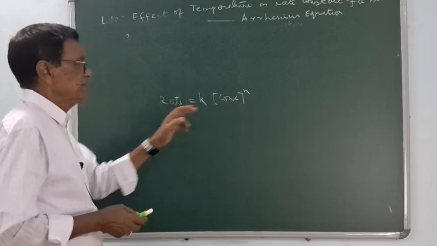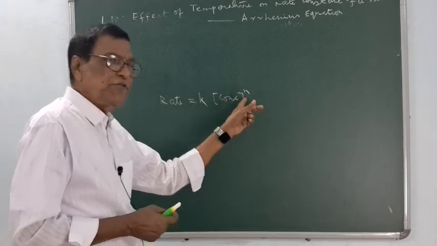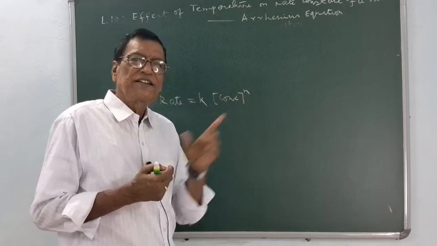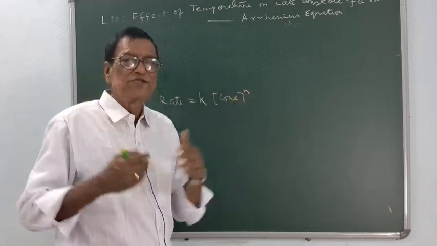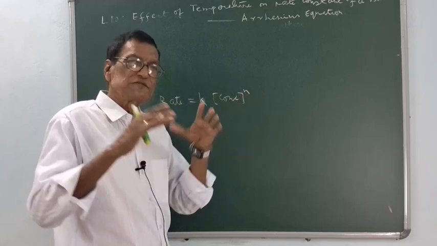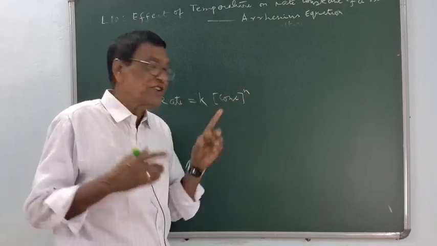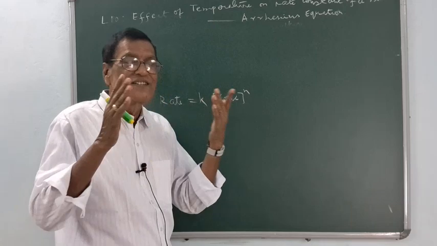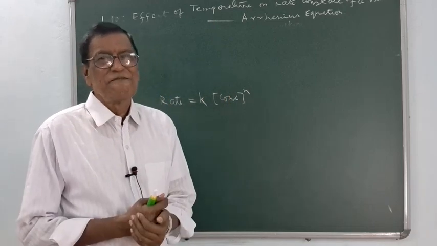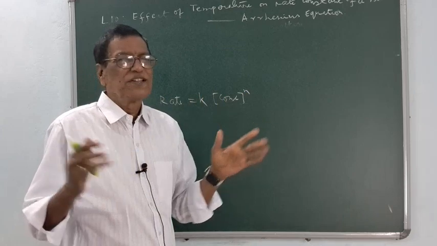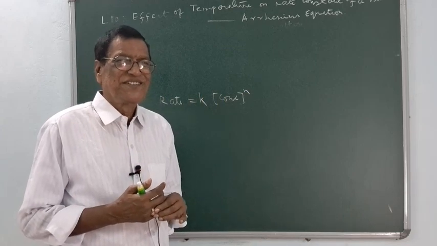So from this, if n equal to 0 means zero order reactions, n equal to 1 means first order, n equal to 2 means second order, n equal to 3 means third order. More than third order is not possible.